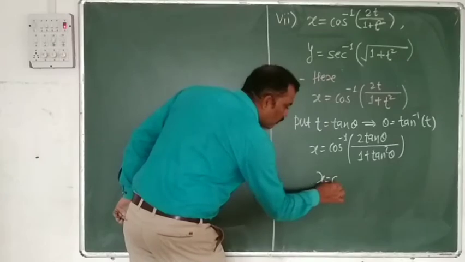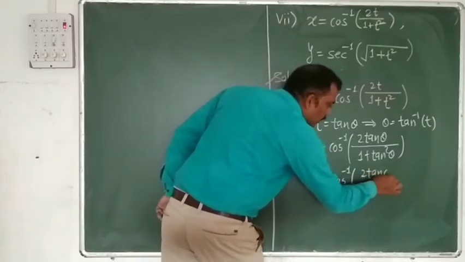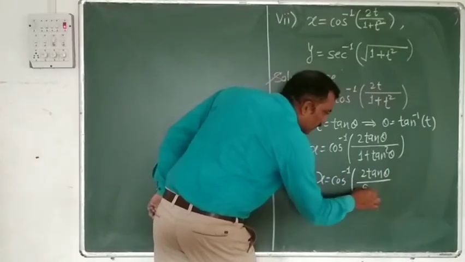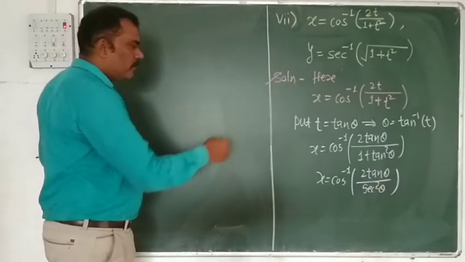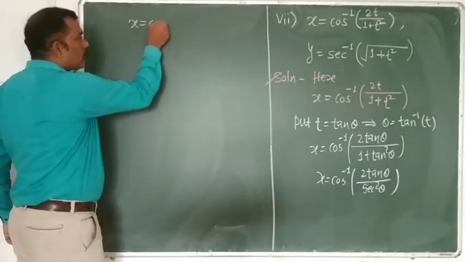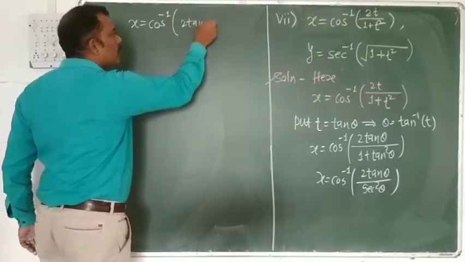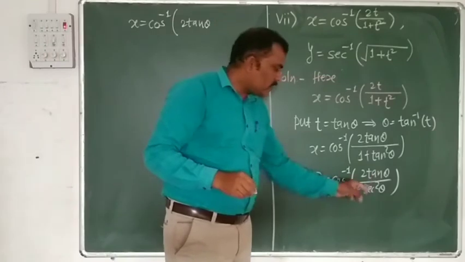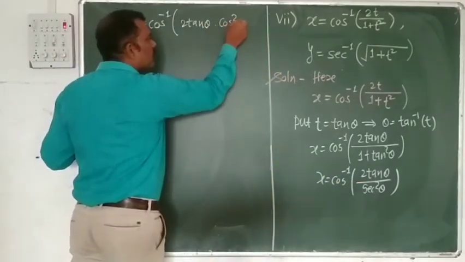x is equal to cos inverse of 2 tan theta divided by 1 plus tan square theta, and 1 plus tan square theta is nothing but sec square theta. To simplify more, we get x is equal to cos inverse of 2 tan theta into 1 upon sec square theta, which is cos square theta.